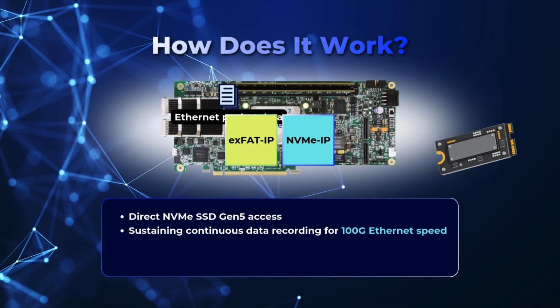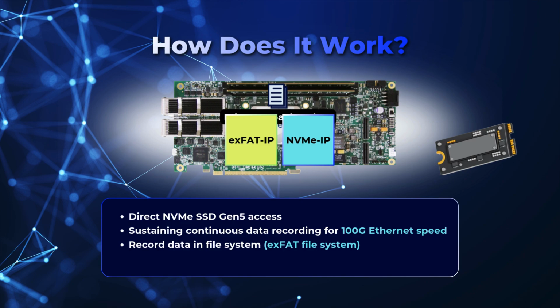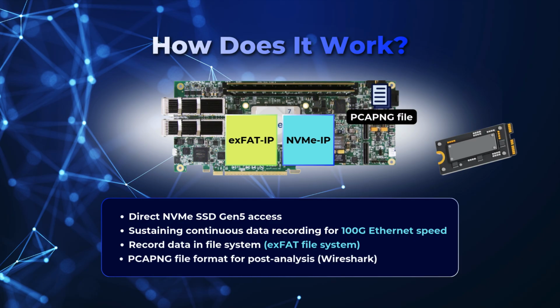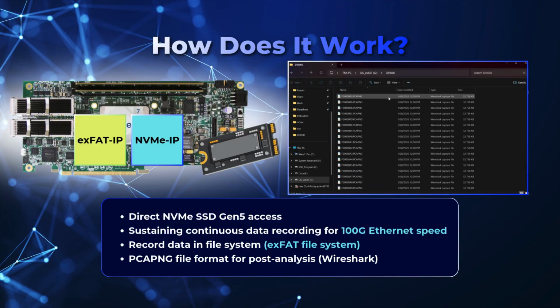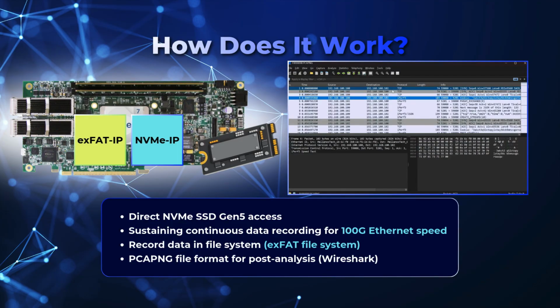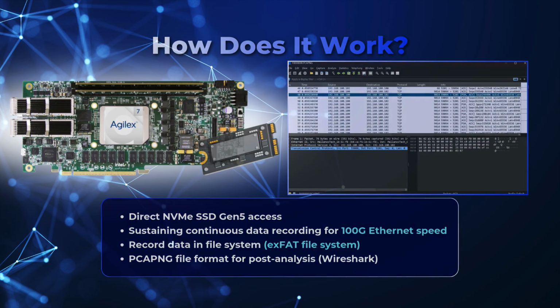When combined with exFAT2-IP, the system records data in the exFAT file system, again without any OS or CPU involvement. Captured data is stored in PCAP format, enabling immediate post-analysis with standard tools, such as Wireshark.